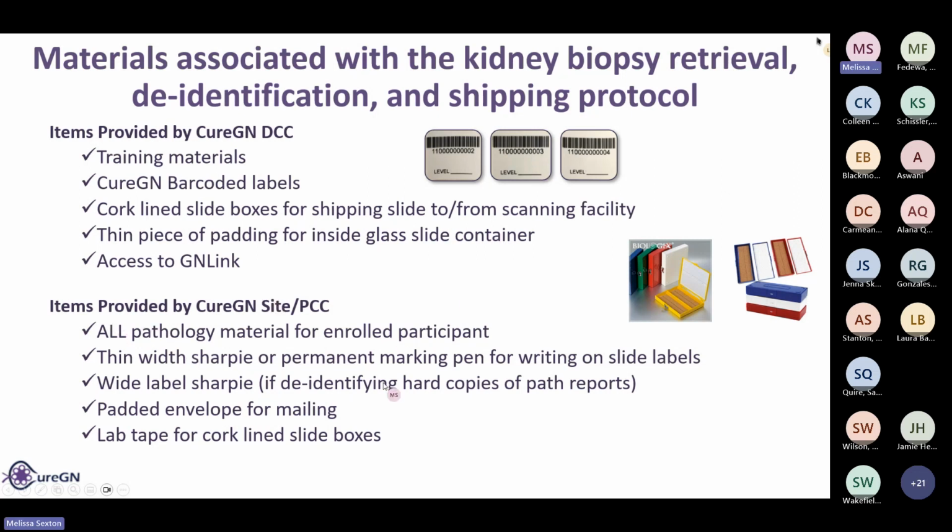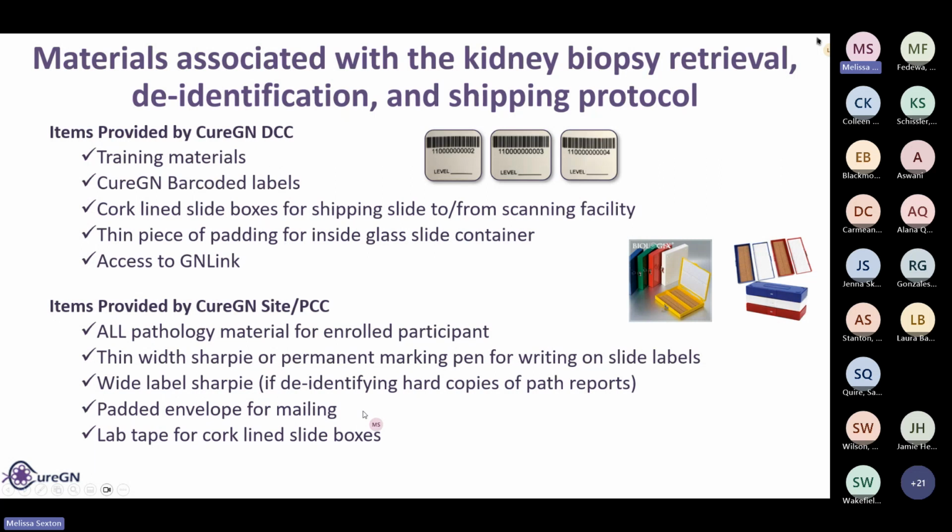The items provided by the CureGN site or your PCC are all the pathology materials for the enrolled participant, a thin and wide Sharpie, or a permanent marking pen. The thin one is for when you're writing on the labels, and the wide one is for de-identifying any hard copies of the path reports. The padded envelope for mailing, we did actually supply you with some from the DCC.